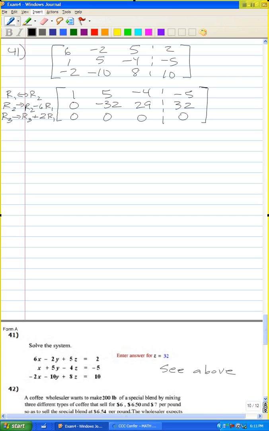So, first off, notice they say that eventually I'll have to solve for z equal 32. So let z equal, let's say, 32t.